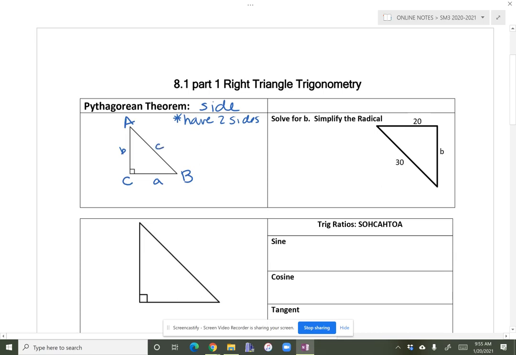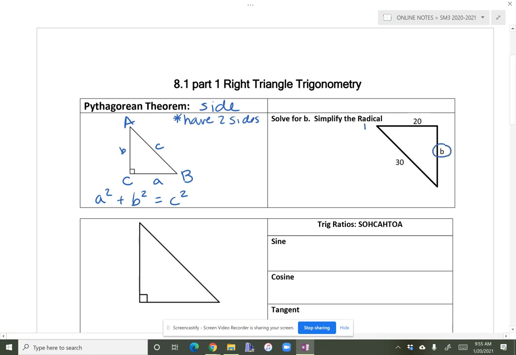So Pythagorean theorem is little a squared plus little b squared equals little c squared. No matter what two sides you have, you can solve for the third side using the Pythagorean theorem.